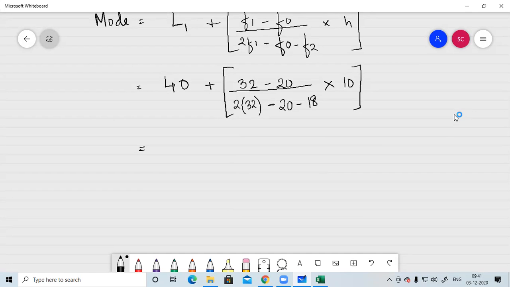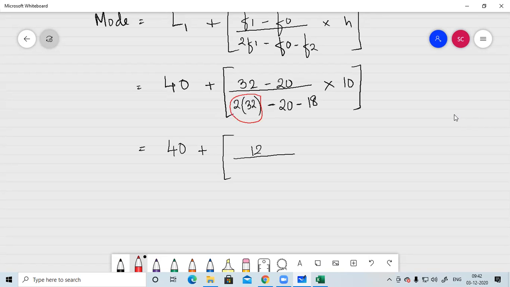If some of you are very good at your calculations or can handle the calculator very effectively, after the second formula representation and then interpreting the data into it, you can directly give me the answer. Otherwise, you can do it step by step. So 32 minus 20, I'm going to get 12, divided by 2 into F1.